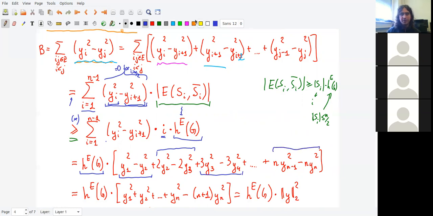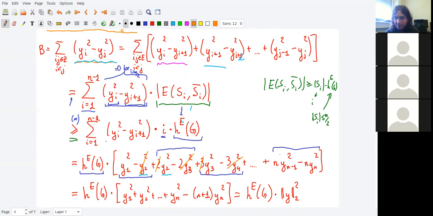But now note that, instead of grouping the terms like I did here, I can look that here there is a y2 square and another y2 square, just with a one larger coefficient. So this y2 square here cancels out with one of those. And this twice y3 square cancels out with all but one of those, and so on.